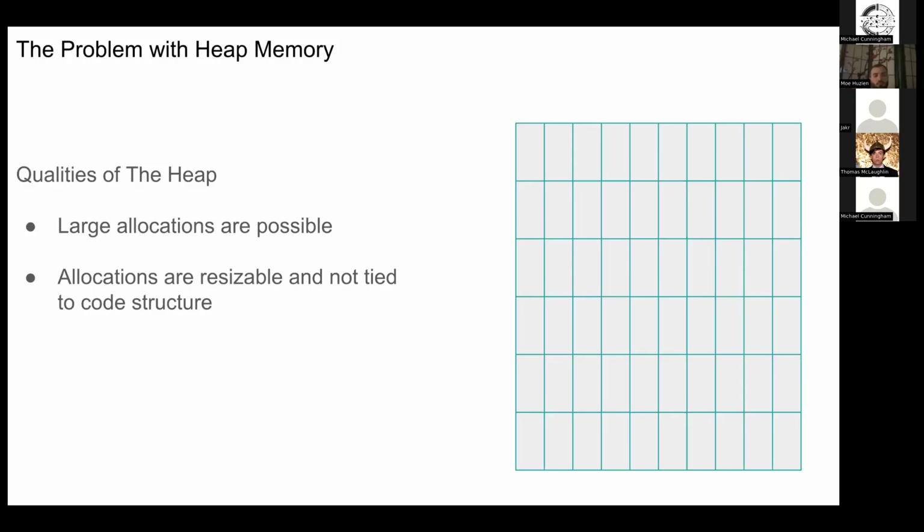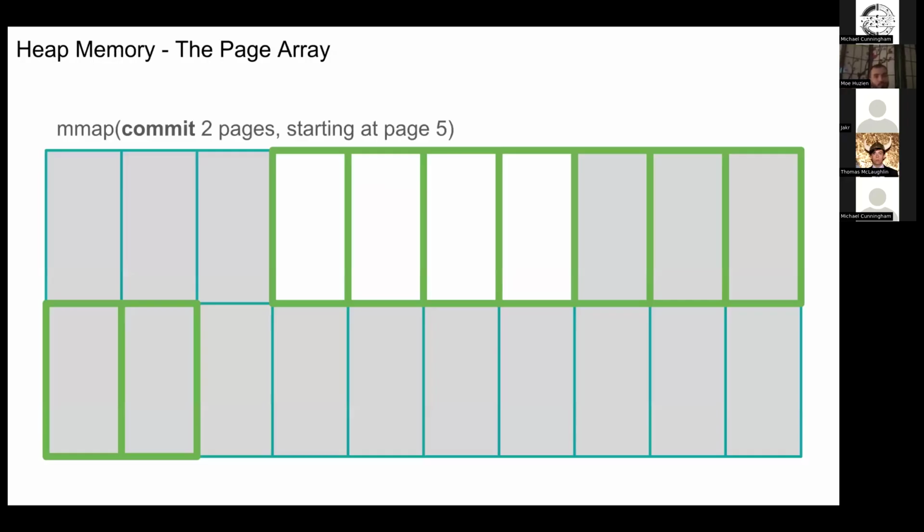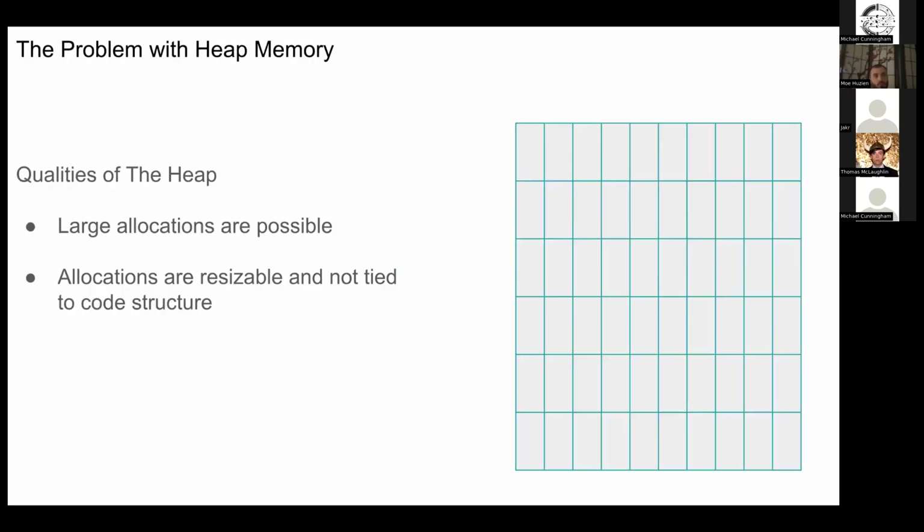And the second thing is that these allocations are now resizable, using this idea of a block array, a page array, or also resizable if you want to copy some piece of memory to another, bigger piece of memory, right? And when I say not tied to code structure, I mean that now we access this through pointers and system calls, which we can call at any time.